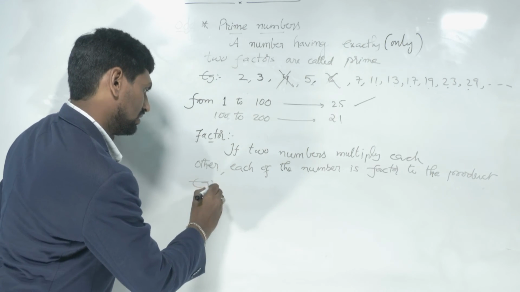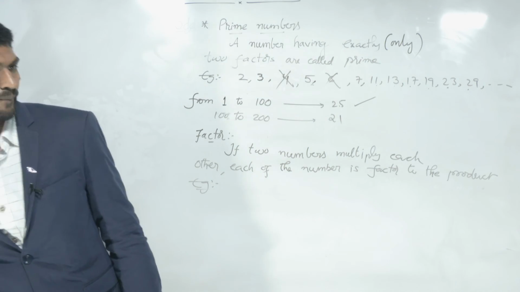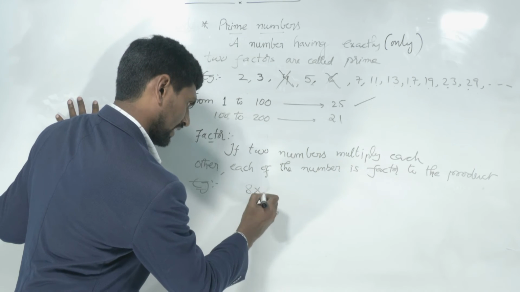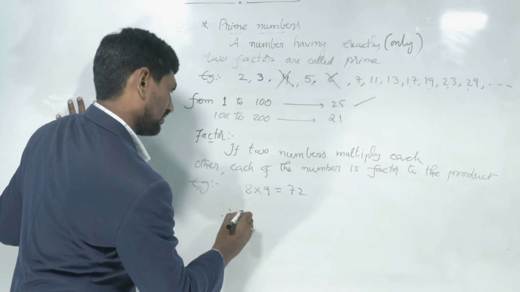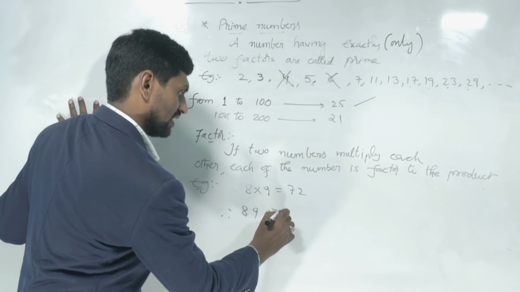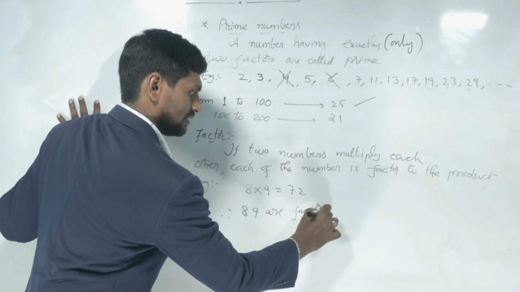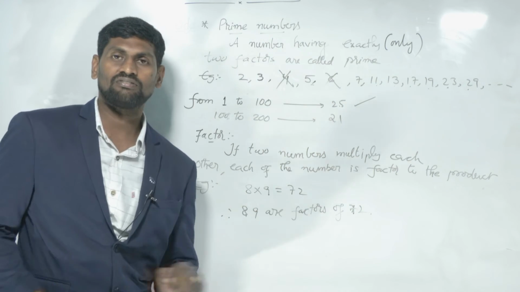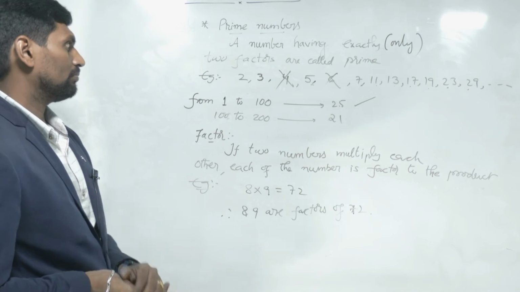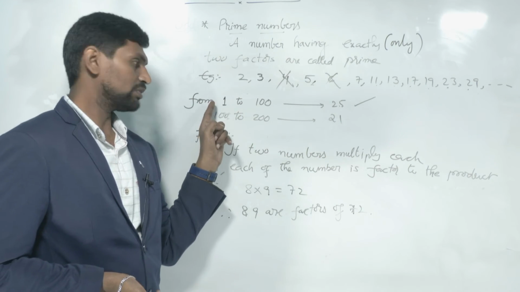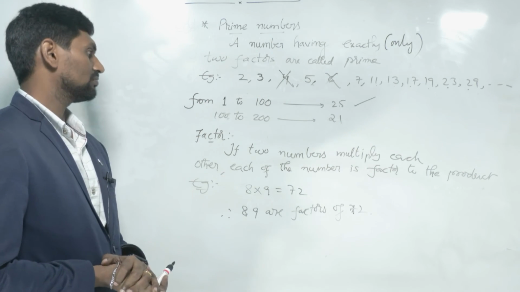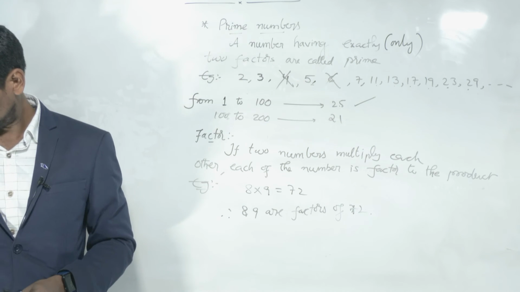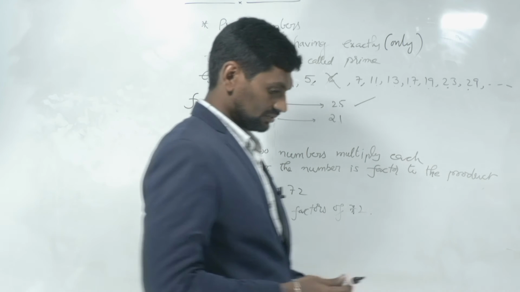Example: 8 nines are 72. Therefore 8 and 9 are factors of 72. Both 8 and 9 are factors of 72. After that, write the prime number definition and find the prime numbers from 1 to 100. Okay? Check that.